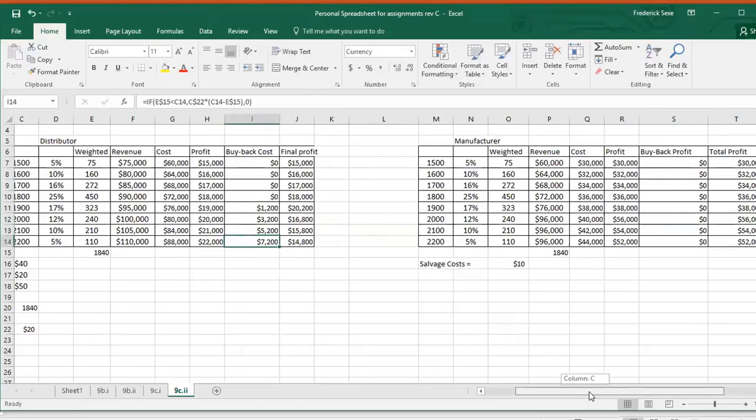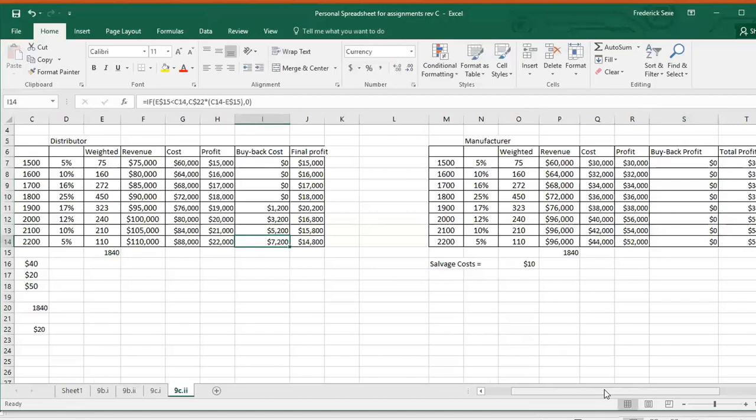So now the manufacturer is going to try to get the distributor to order. Actually, this time, sorry, the distributor is going to try to get the manufacturer to build more stuff.